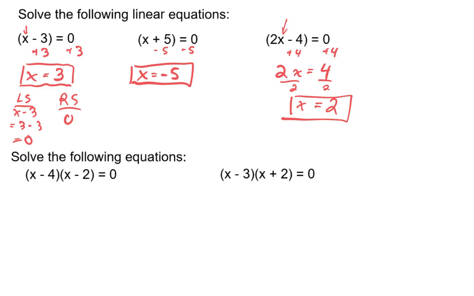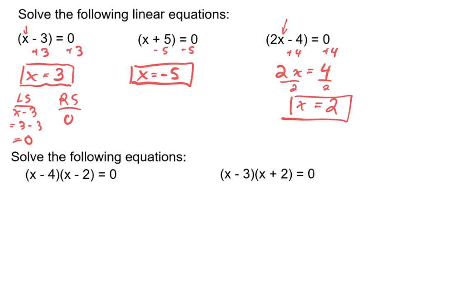So these linear equations are pretty easy to solve when we've got all of the x's and the numbers on one side, and we just have 0 on the right-hand side. Now, let's look at a couple of equations here that are not linear equations. We've got x minus 4 times x minus 2 is equal to 0.